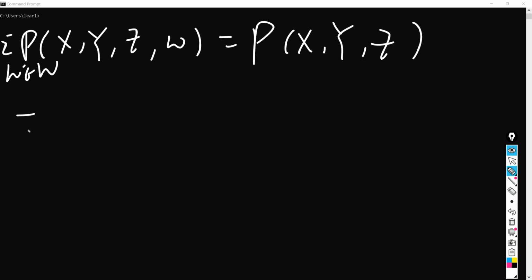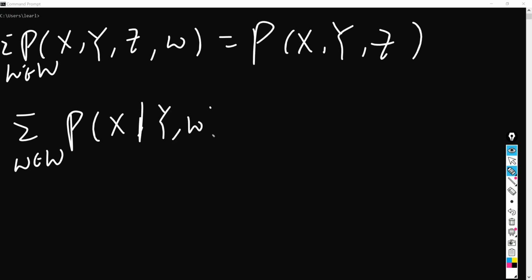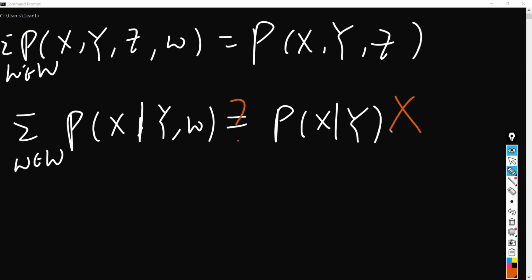However, there is always a trap here that is like this. For example, x, I just select it, and here is small omega. So here is the question: whether this term will equal this term or not. And the answer is no. We can actually derive from this equation.